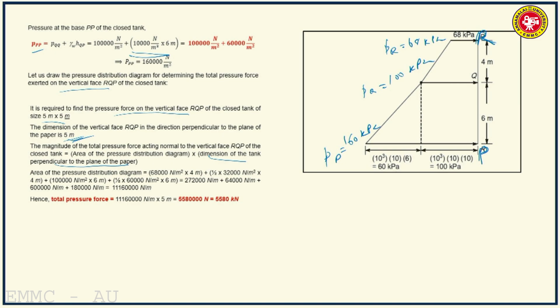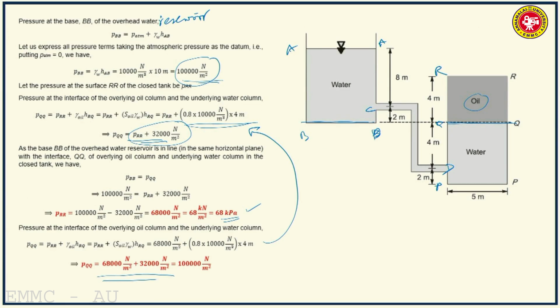You have to find out the area of this figure. So that is given here, and the total pressure force comes to this much, 5580 kilonewtons. So pressure at Q will be felt throughout as a uniform pressure distribution, and you have the triangular pressure distribution due to the column of water here.